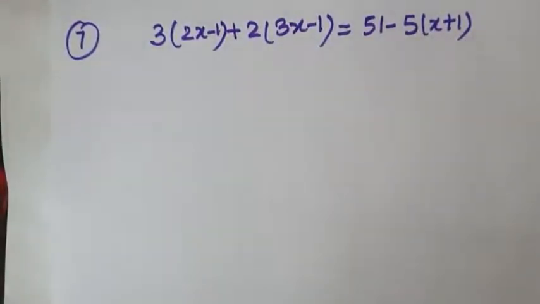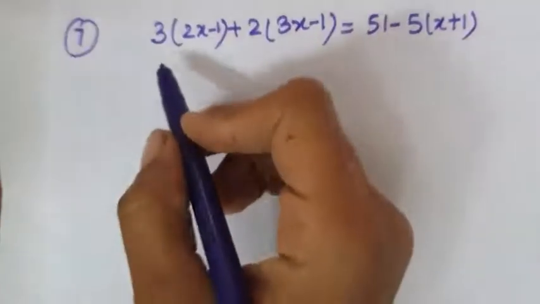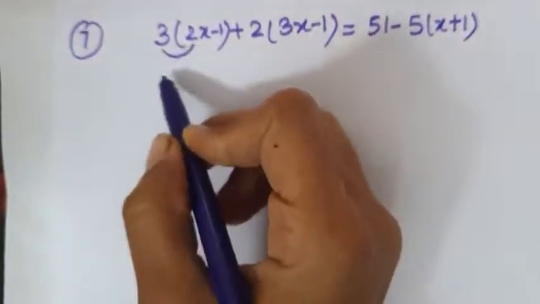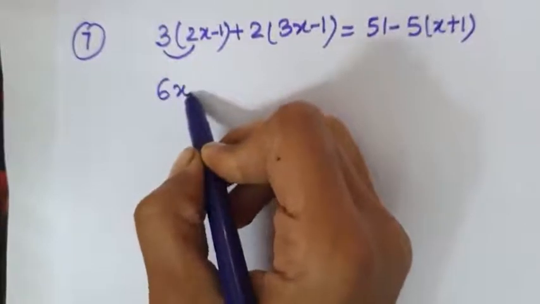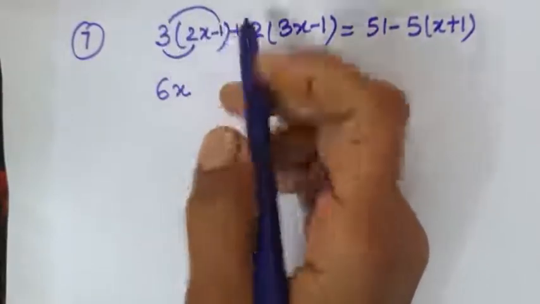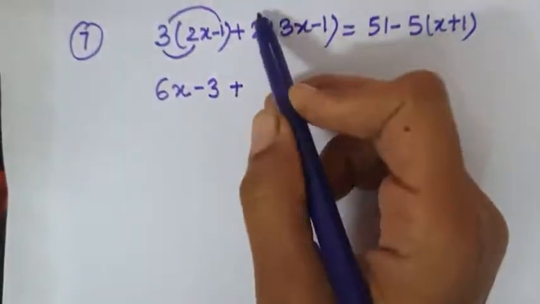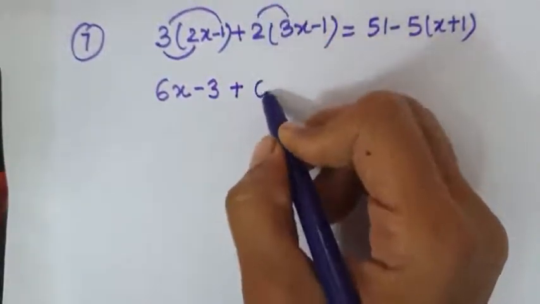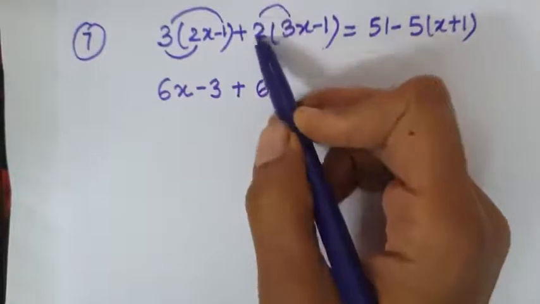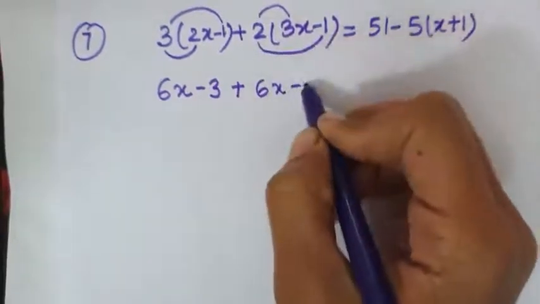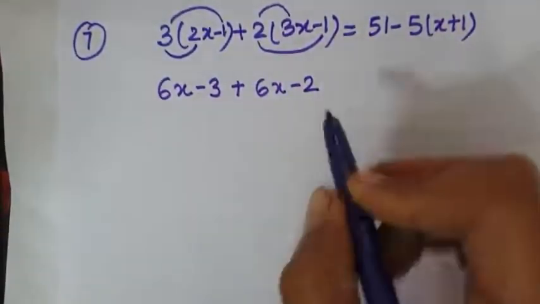So now again we will simplify the left hand side and right hand side separately. 3 into 2x, 6x. 3 into 1, 3 plus 2 into 3, 6x. 2 into 1, 2. Done?